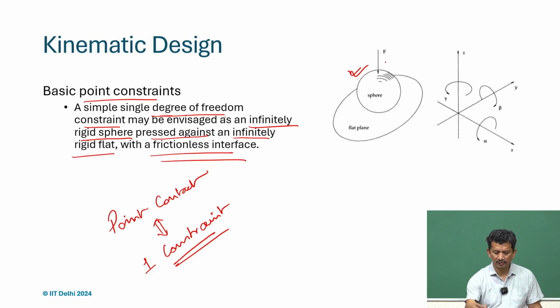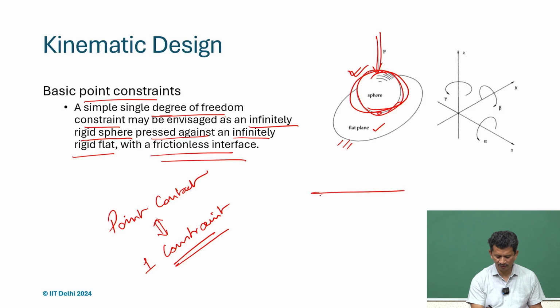We can have a very large sphere and a flat and press against it, so that we have only one contact made. If we look at this spherical ball pressed against the flat, this will be the point contact and this will provide the constraint. So, you can say this is the constraint line.